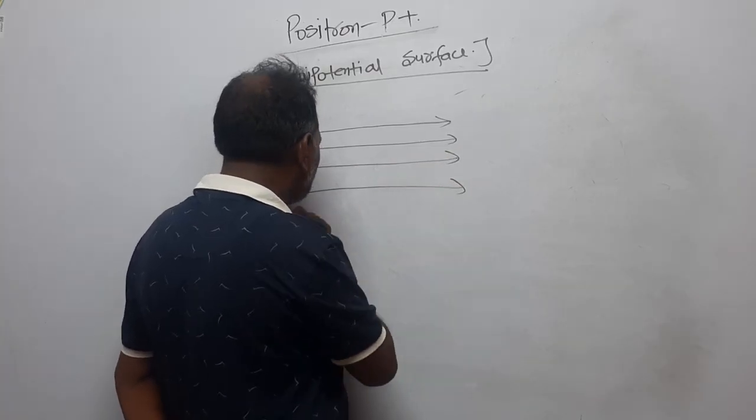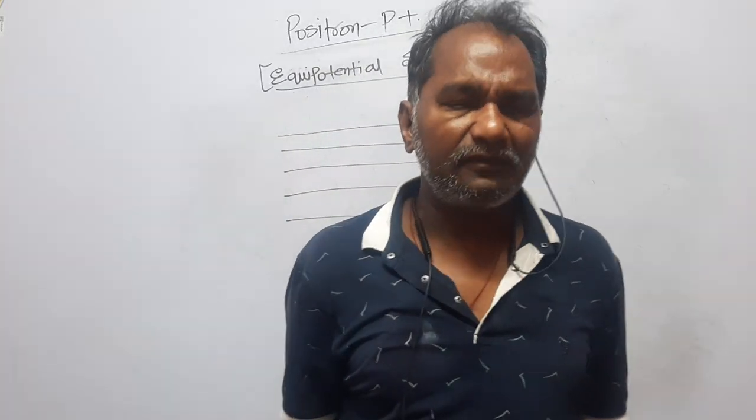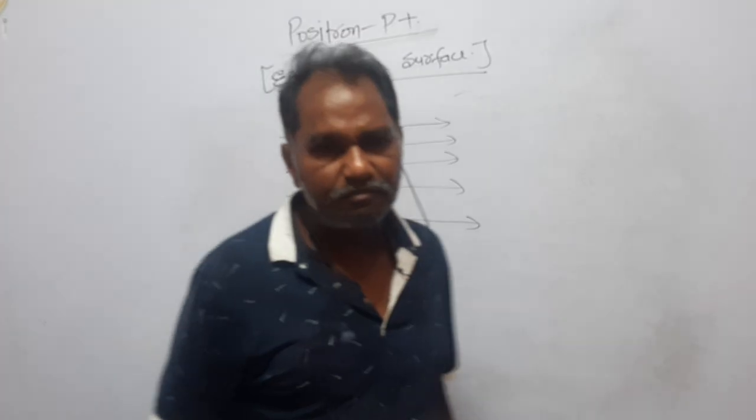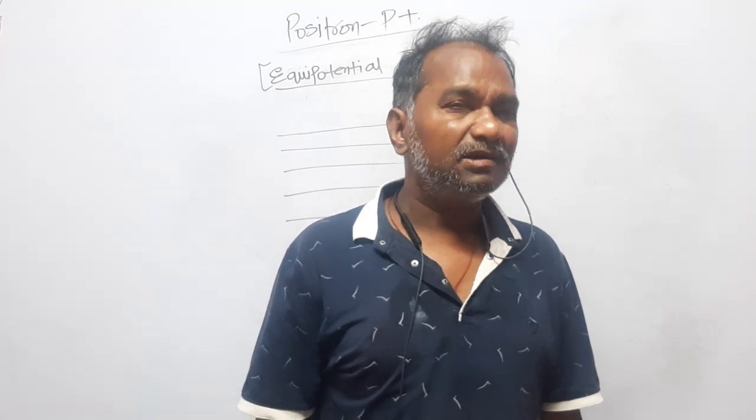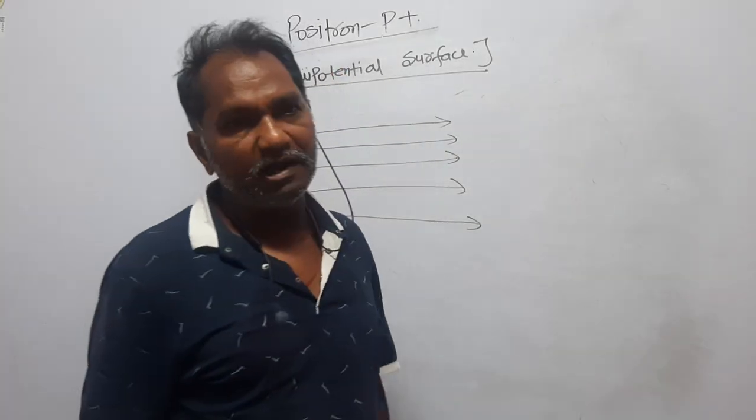If they are coming from too far, then the field lines will be parallel, and if they are equidistant, it means the field is uniform. If the field lines are parallel, they are coming from far away, and if they are equidistant, it means they are creating a uniform electric field.